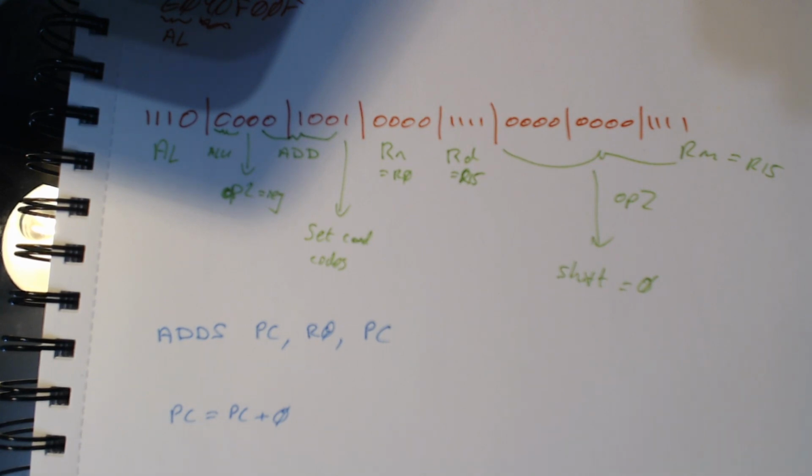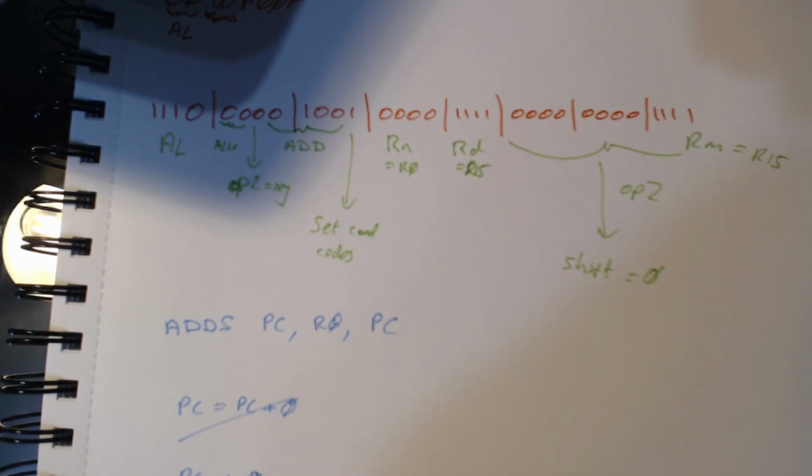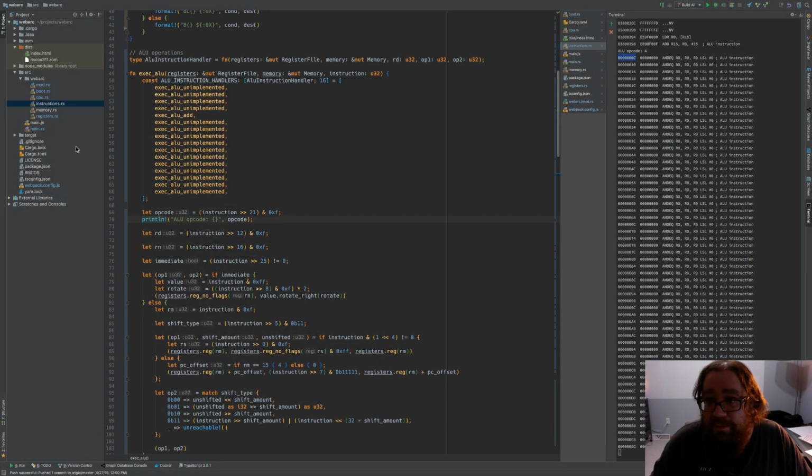So we're doing either PC plus 8 or PC plus 12. So we're jumping 2 instructions ahead or 3 instructions ahead. Yes, that almost seems to make sense.